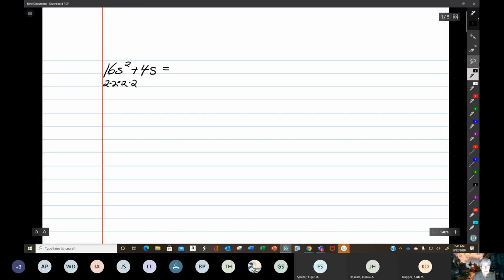And then we have s squared, which is s times s. And then 4 is 2 times 2, and then times s. So you look at these and you say, okay, each of these have what in common? Well, this has a 2 and this has a 2, and this has a 2 and this has a 2.